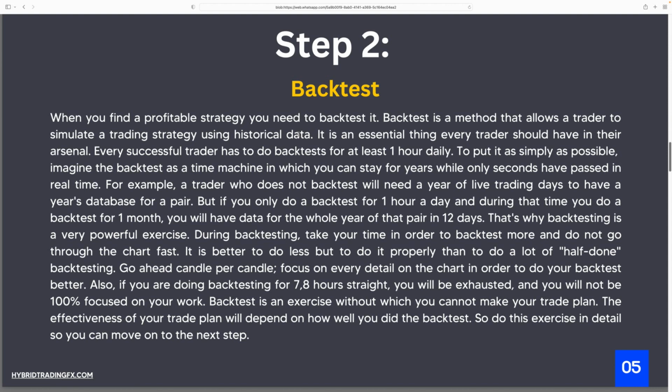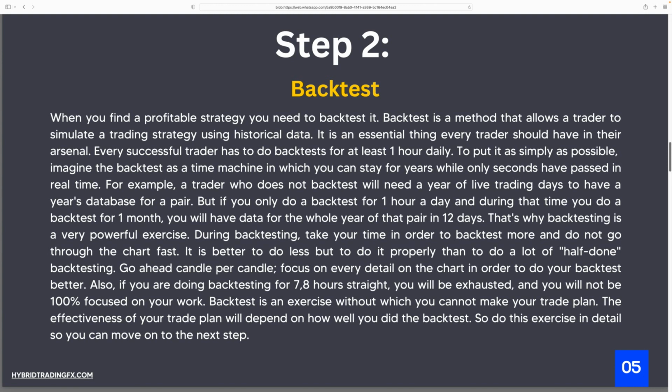And the trader who is doing backtest is basically going to gain knowledge about the price action, different patterns, different things that work, different things that don't work. He's gonna have the large amount of data that he has done in only 12 days. And on the other side, we have a trader who doesn't do backtests and only live trades.